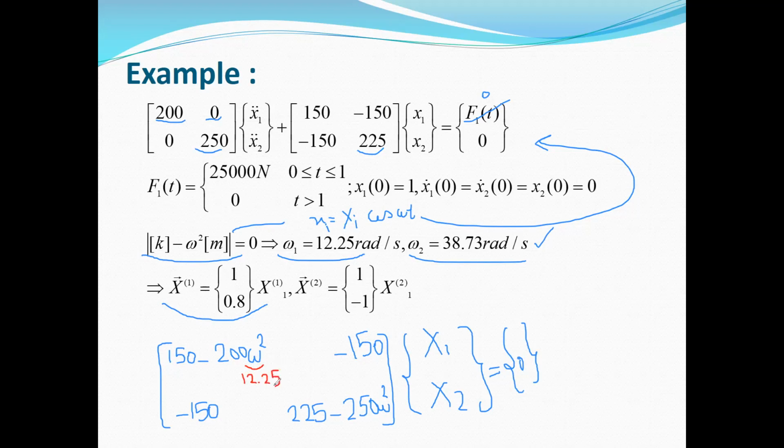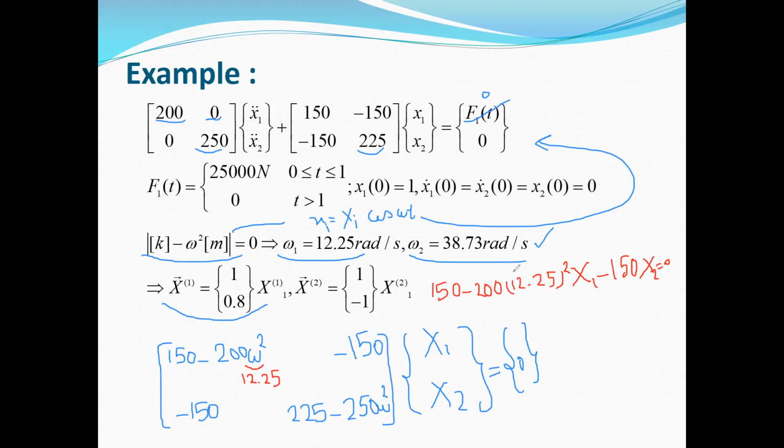So we will have 150 minus 200 multiplied by 12.25, which is the first natural frequency, or omega 1, squared, multiplied by x1, minus 150 multiplied by x2 is equal to 0.